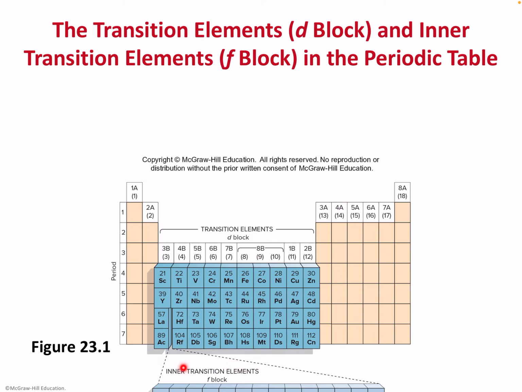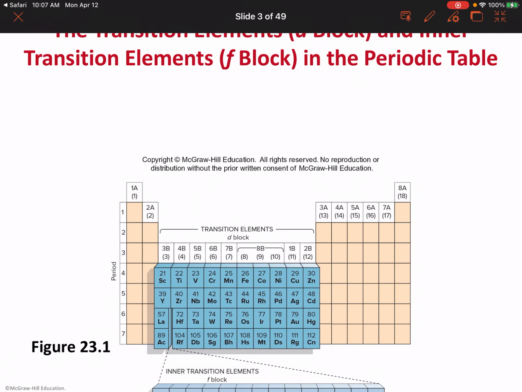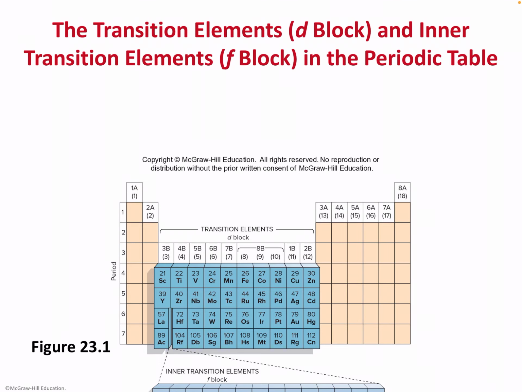So since these elements are within transition elements, we call them inner transition elements or the F block elements. Okay, so those are the F block elements. So in this session, we are going to talk about D block elements and F block elements.